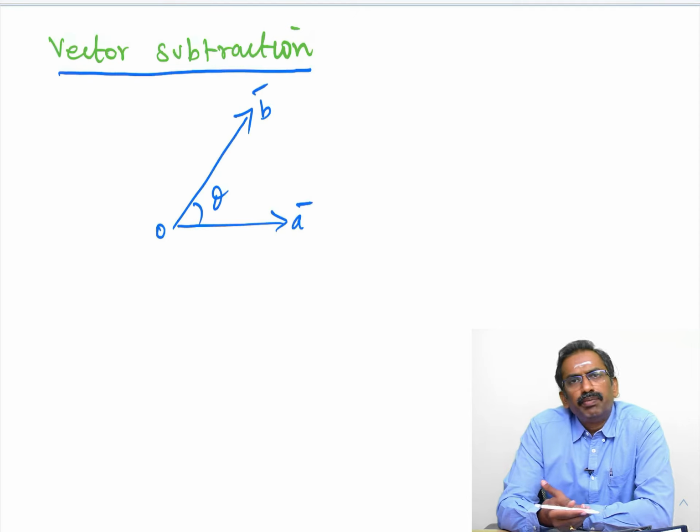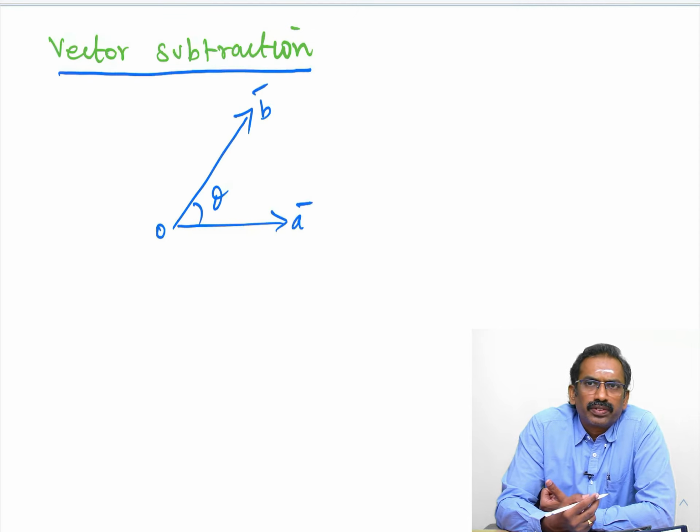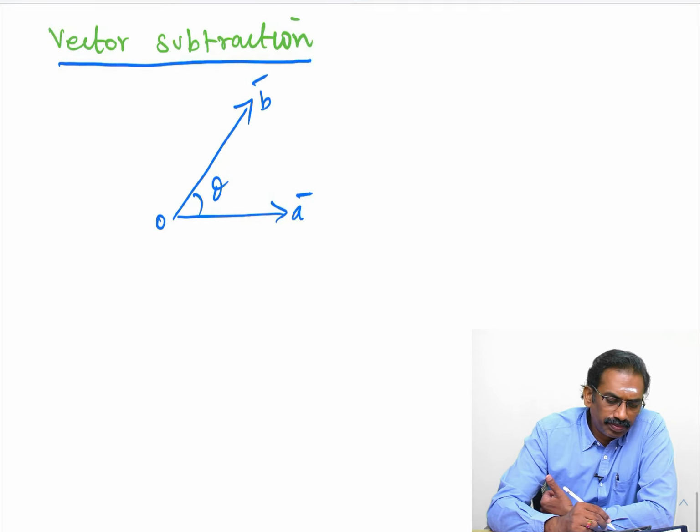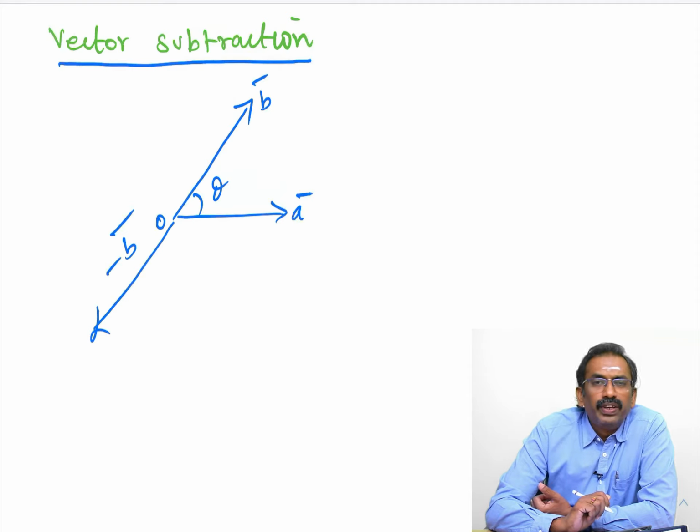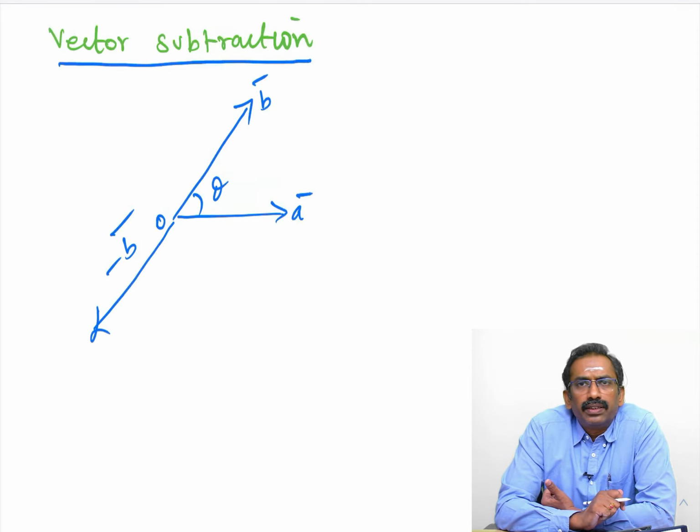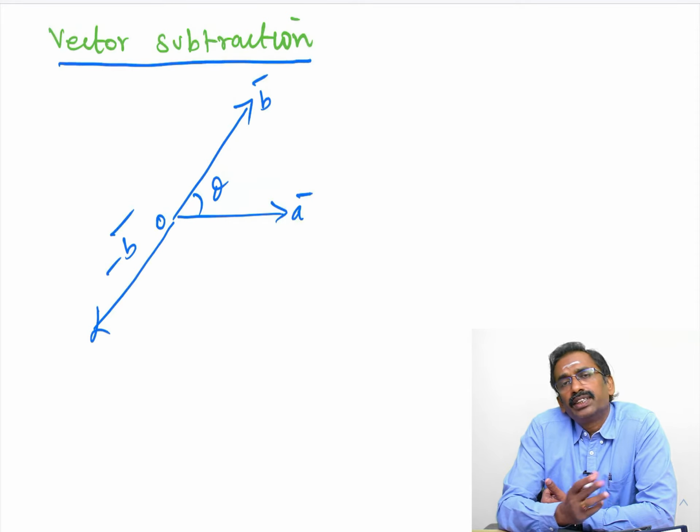If you reverse the b vector, that gives minus b vector. This is minus b vector. We are going to add a vector with minus b vector.